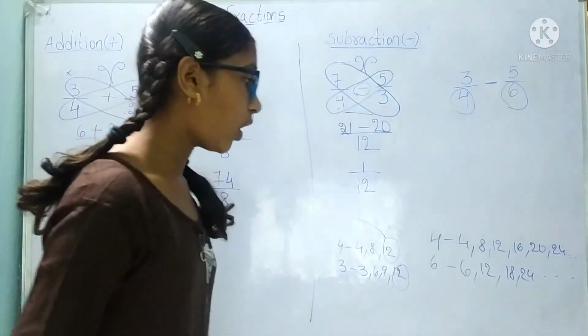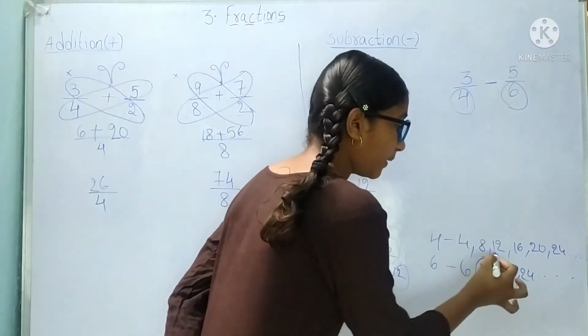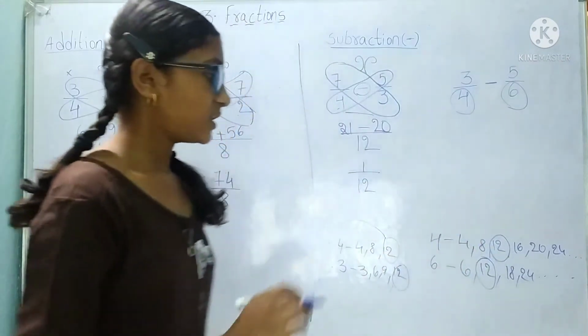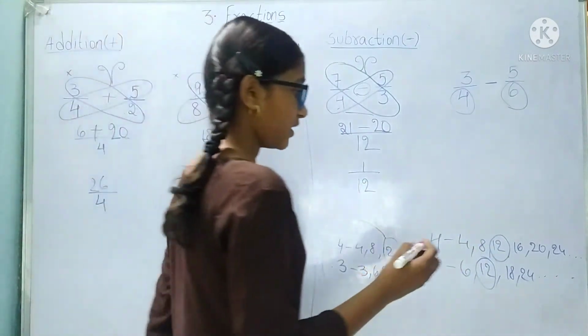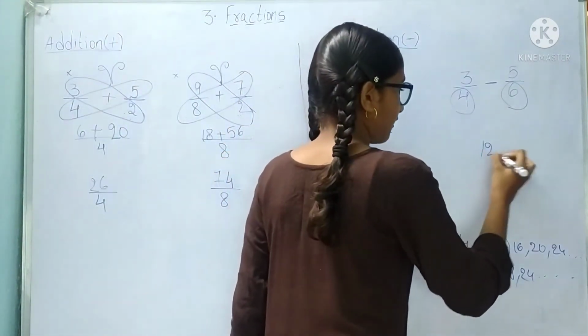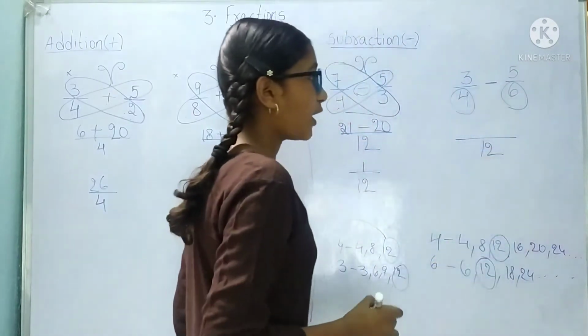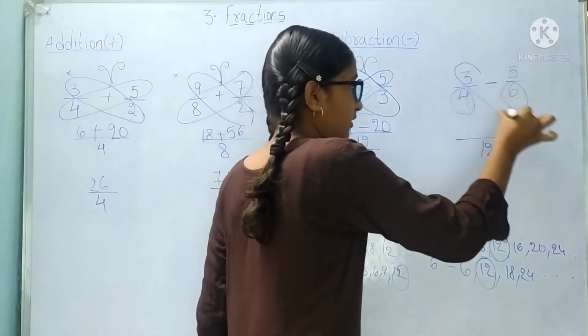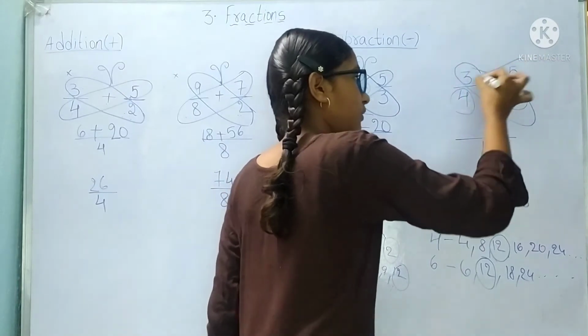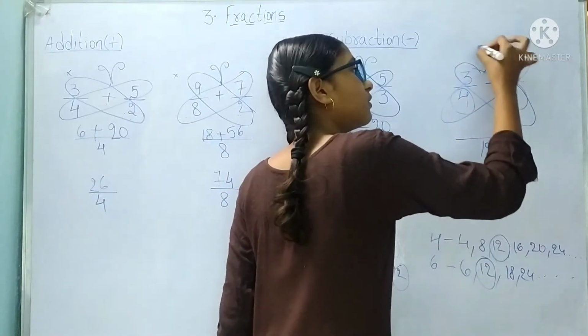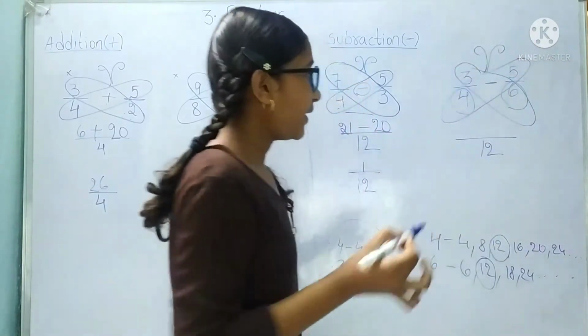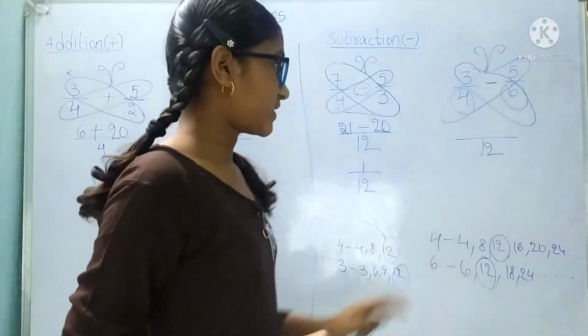So here we got 12 as the common multiple in the 2 tables. So here I am writing 12 as the denominator. And now use the butterfly method.